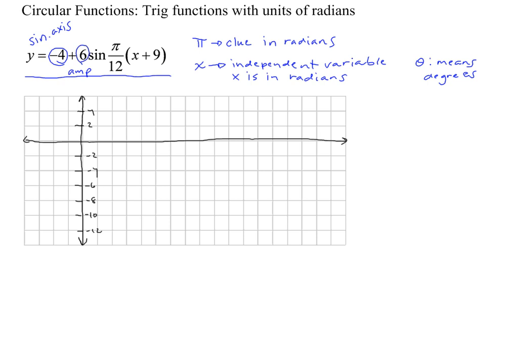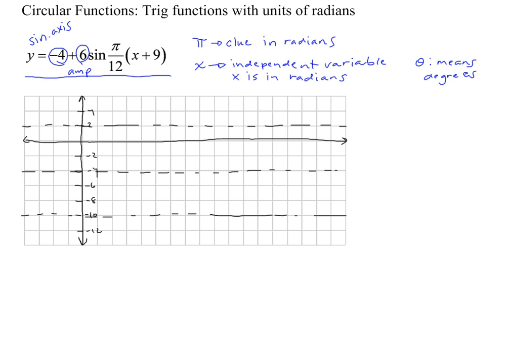I know that the middle of the graph is going to be at -4, so I'm going to draw a nice dotted line here, and the top of the graph is going to be at -4 plus 6, which is 2. And the bottom of the graph is going to be at -4 minus 6, which is -10. So now I've started off this graph exactly the same way I did before.